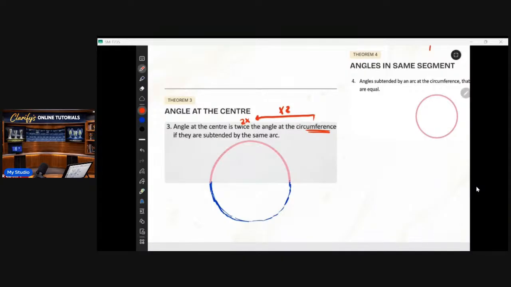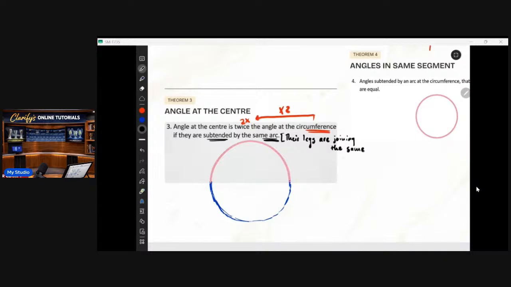Now we are starting. This is the most important. Listen to this. If they are subtended, meaning made by the same arc, this means that their legs are joining the same arc.